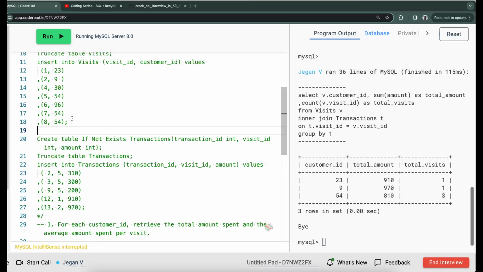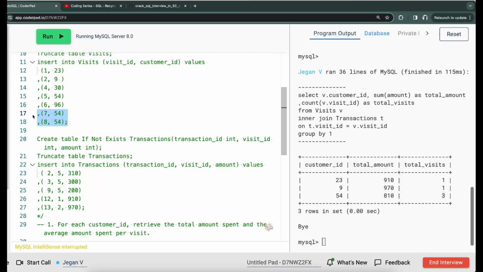But if you see the actual numbers, customer 54 got 3 visits, but only in 1 visit did they spend $810. In the other 2 visits, there are no transactions.